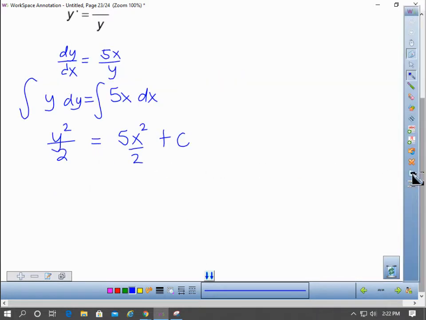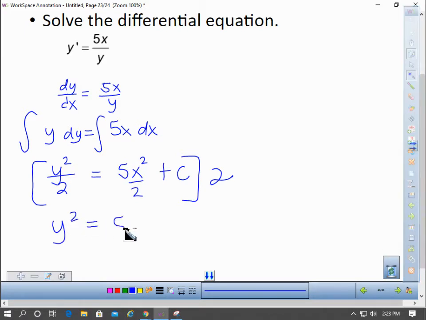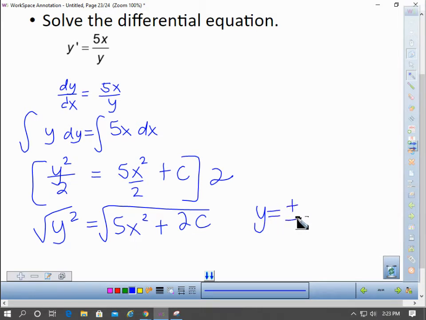And then the only thing I need to do extra to this one is I need to solve for y. So the first thing I would do is multiply the whole equation by 2 because I want to get rid of these fractions. So y squared would equal 5x squared plus 2c. And then I would solve for y, which would mean taking the square root. So when you take the square root, you know you have a positive and a negative answer for the square root of 5x squared plus 2c.